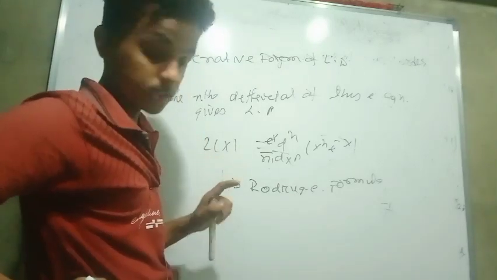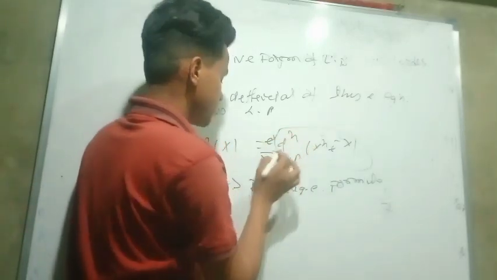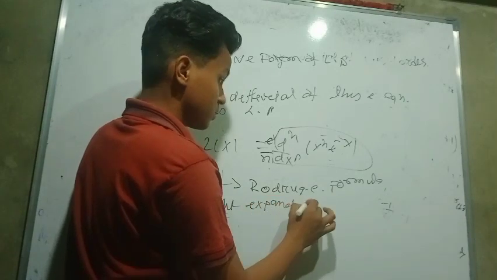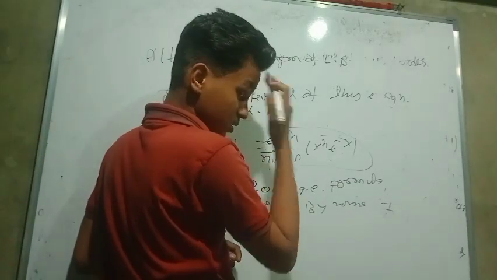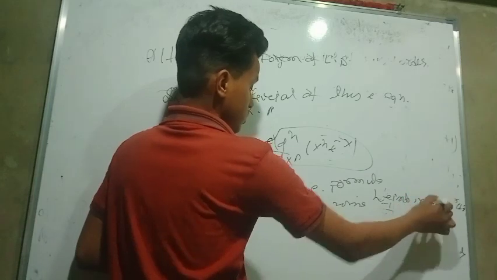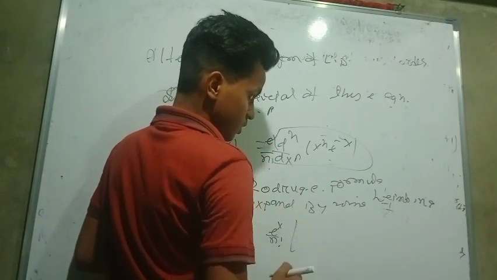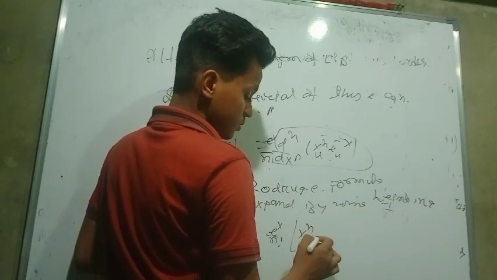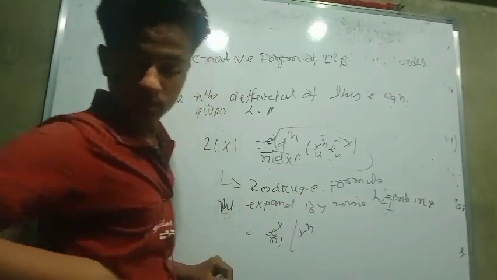So let's find it. When we differentiate it, let's expand this by using the Leibniz theorem. We get e to the power x upon n factorial, which is constant. Here, let's say u and v. So x to the power n, and the differential of e to the power minus x.